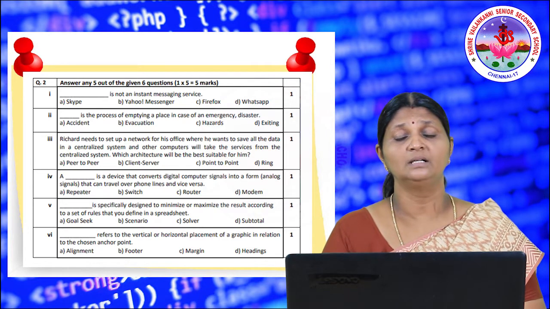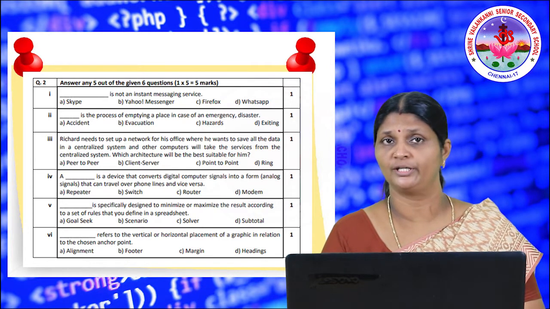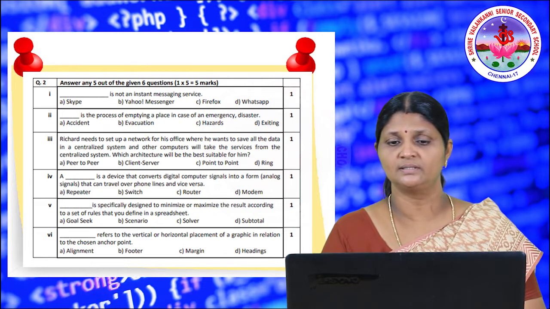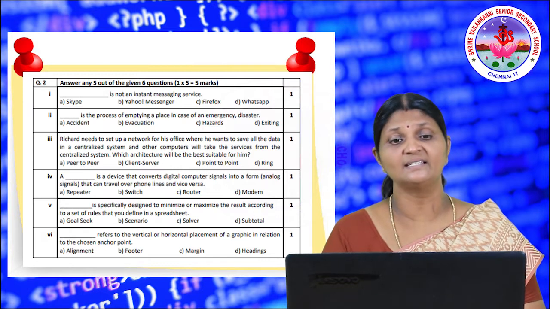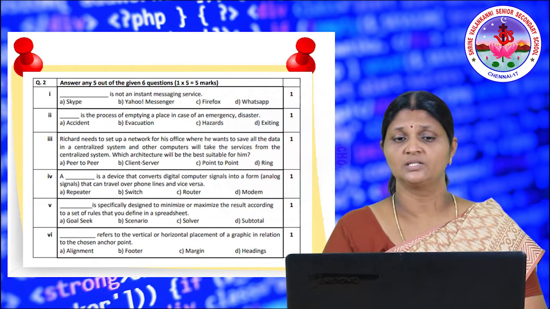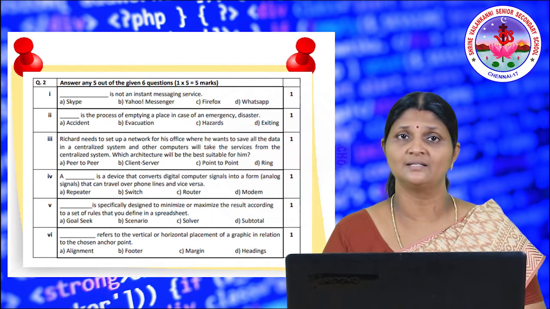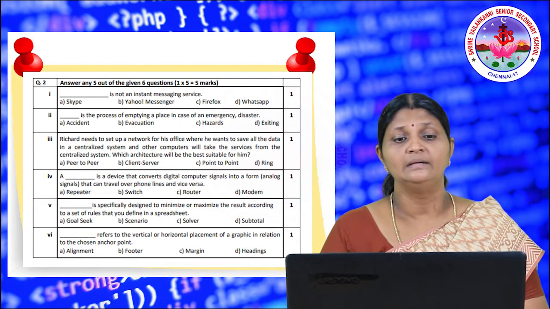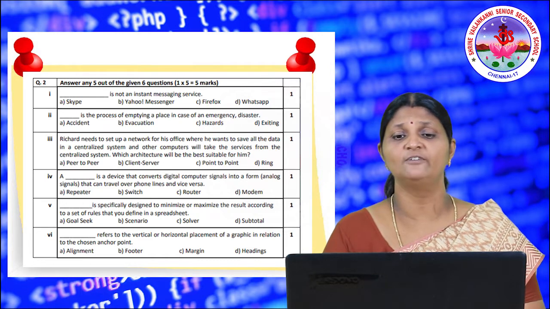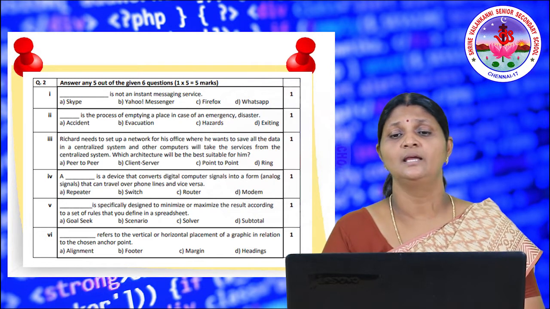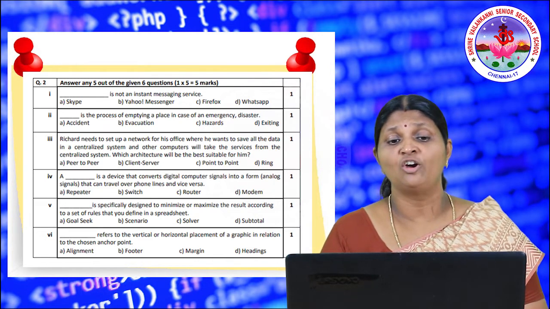Peer-to-peer, client-server, point-to-point, ring. Which is the correct answer? So here he needs a centralized system. So we use client-server technology.